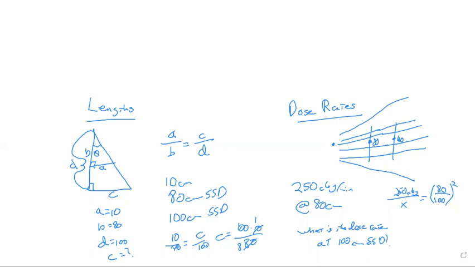Now, unfortunately, I think I wrote that incorrectly. Let's try that again. There we go. We know that the dose rate here, which I'm going to call X, should be lower than what it is here. So the ratio of that over 250 should end up being less than 1.